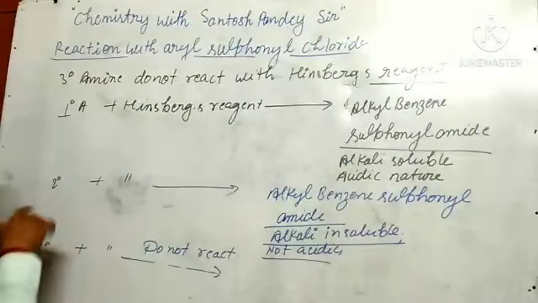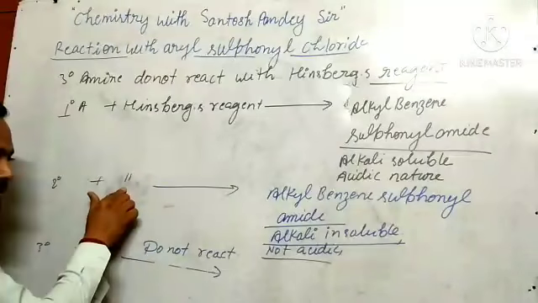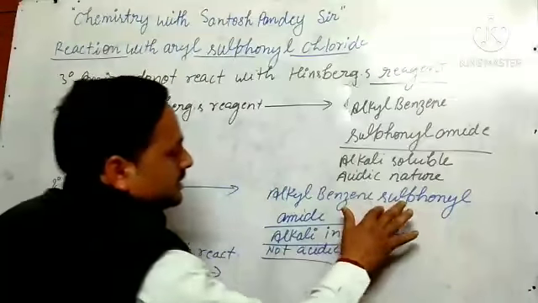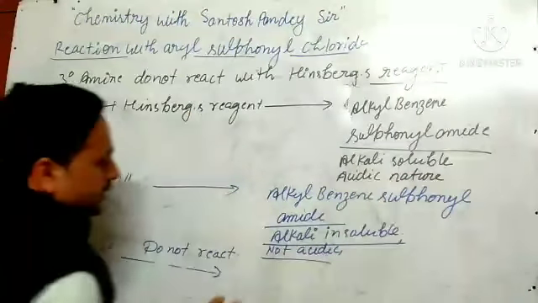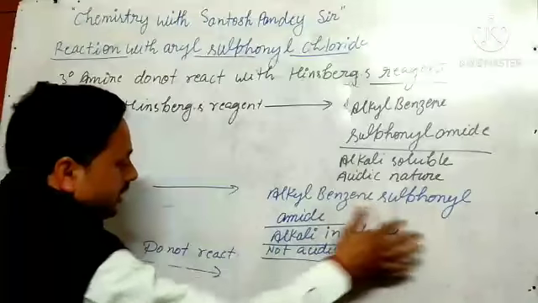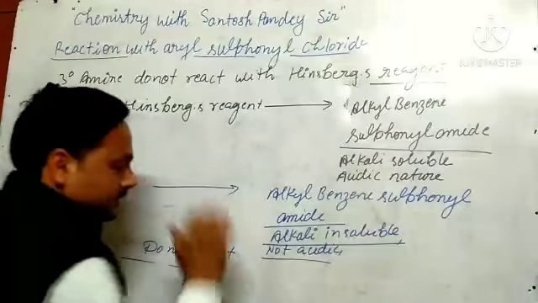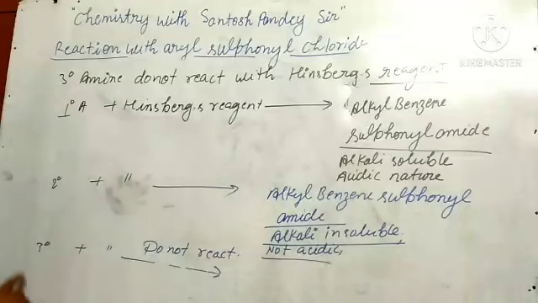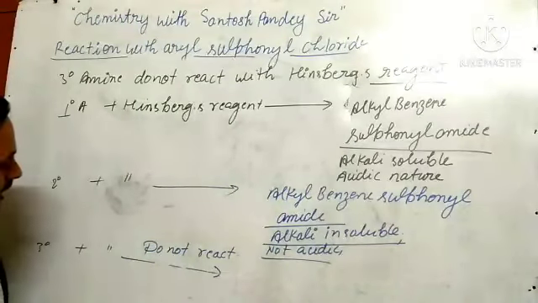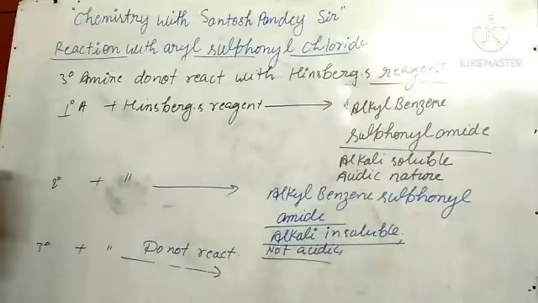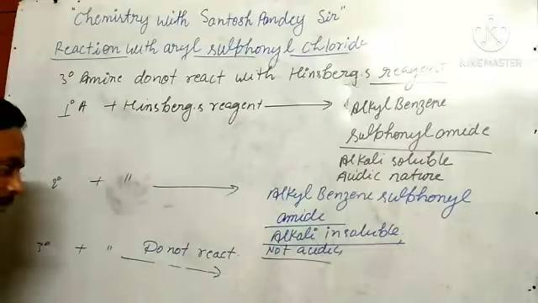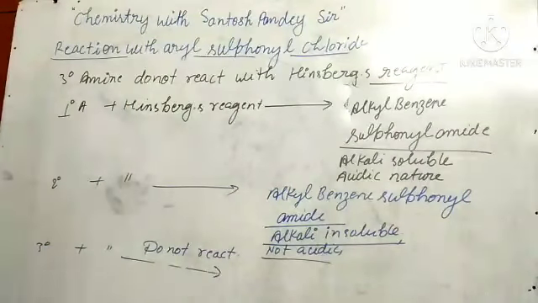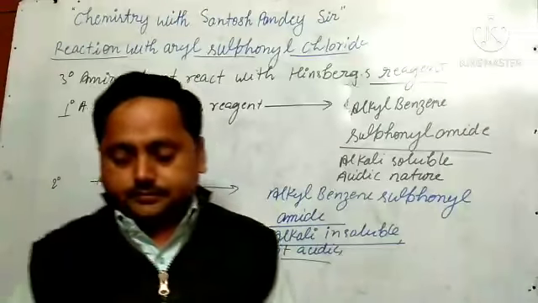Second, secondary amines react with Hinsberg reagent to form alkyl benzene sulfonyl amide, which is alkali insoluble and not acidic. Third, tertiary amines do not react with Hinsberg reagent and no product is formed. So by using the Hinsberg reaction, we can differentiate primary, secondary and tertiary amines.